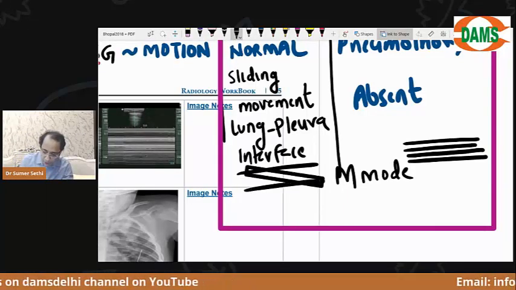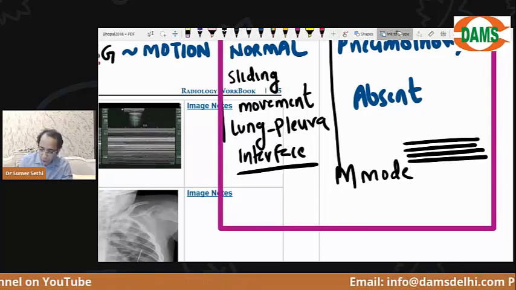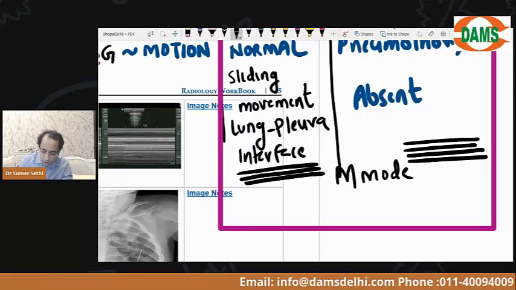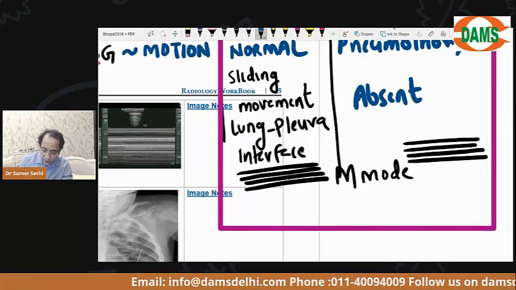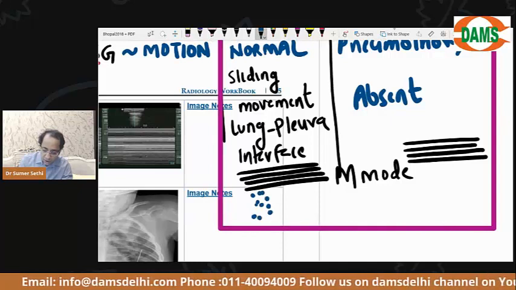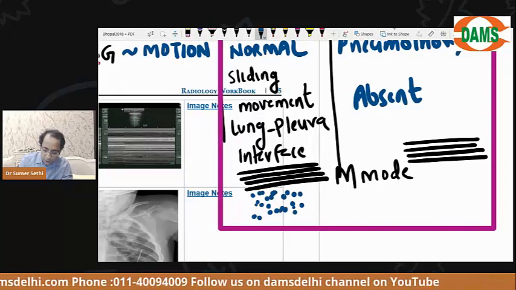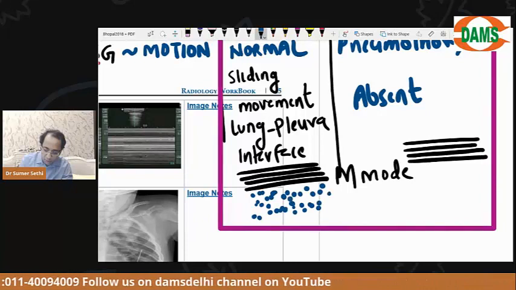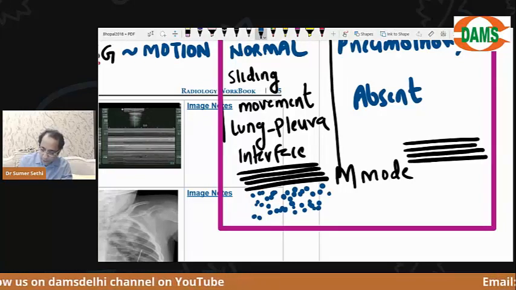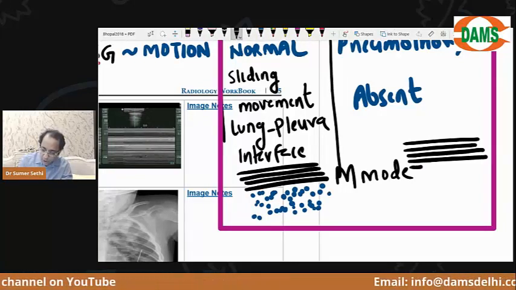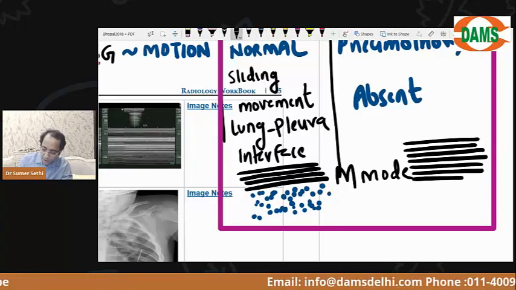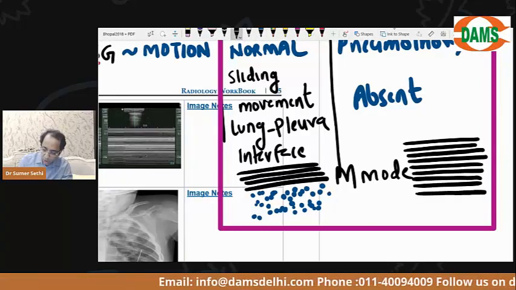But in a normal person, at the lung pleura interface, you will see movement, and the lines will be distorted because of the movement happening. While if there is pneumothorax, the lung pleura interface cannot be reached and you will see only flat lines.